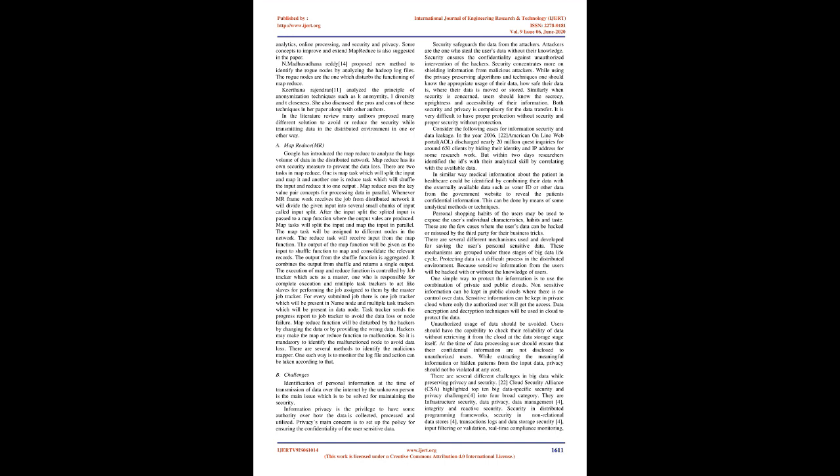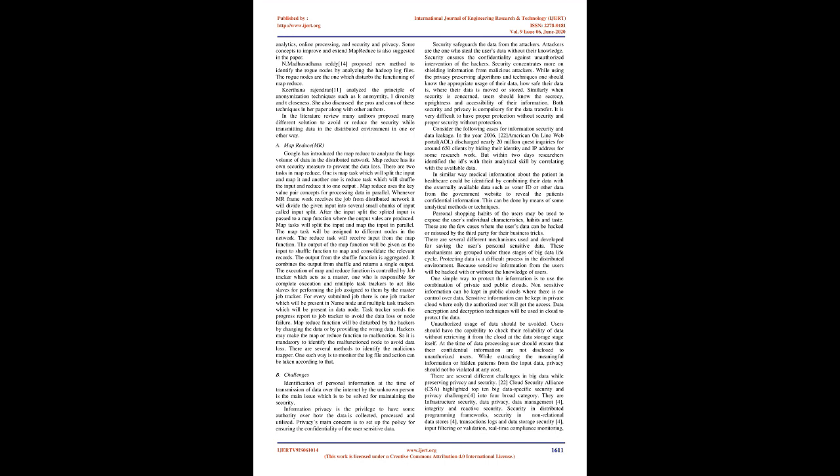Privacy's main concern is to set up policy for ensuring the confidentiality of user-sensitive data. Security safeguards the data from attackers. Attackers are the ones who steal the user's data without their knowledge. Security ensures confidentiality against unauthorized intervention by hackers. Security concentrates more on shielding information from malicious attackers.